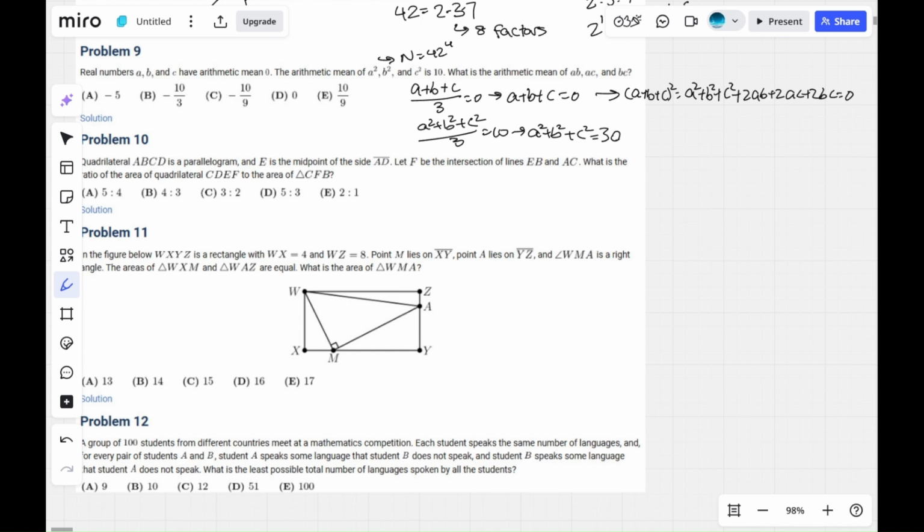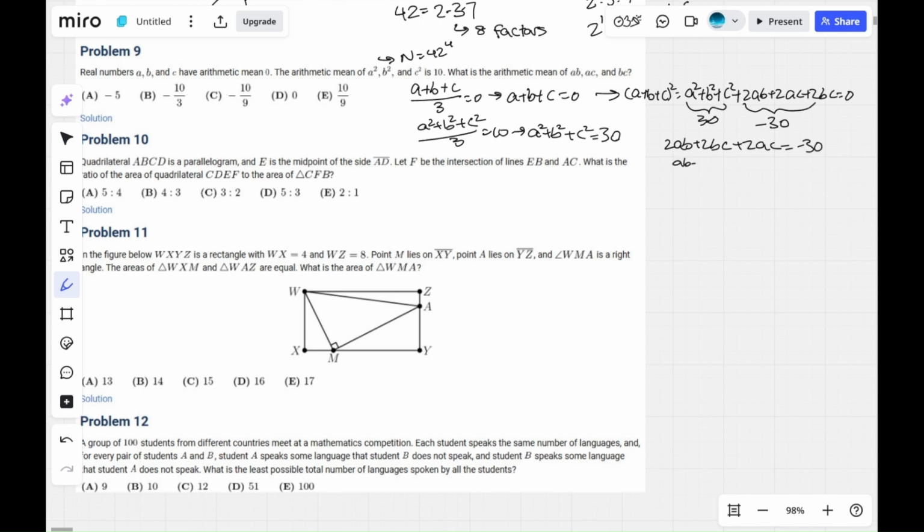You should try to memorize this for a contest just to make it quicker to expand. But yeah. So we know that this part is 30, so this part is negative 30. So 2ab plus 2bc plus 2ac is negative 30.